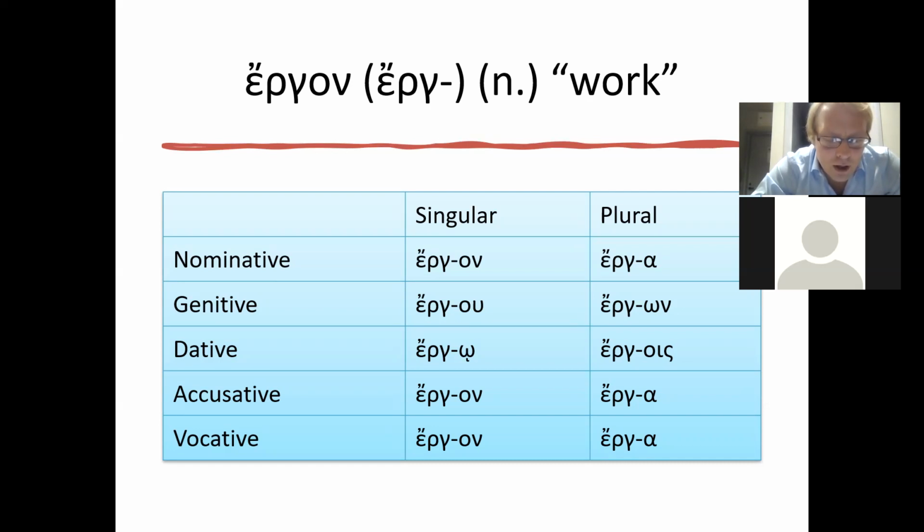You may note here that the neuter second declension words follow a different pattern from their masculine and feminine counterparts with regard to the nominative, the accusative, and the vocative cases, while the rest of the cases are inflected in a similar way to the masculine and feminine second declension nouns.